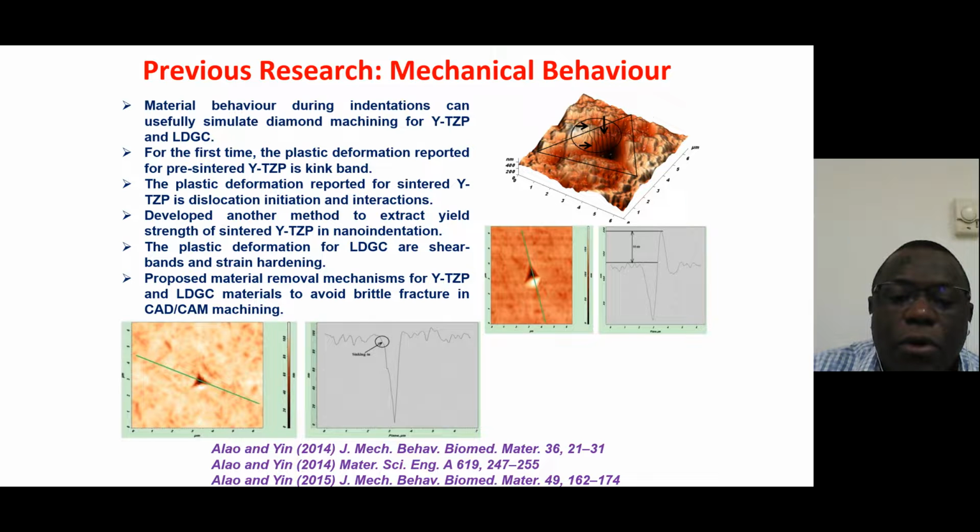The piling up led to the extrusion of materials, indicating that the material can actually undergo ductile mode machining through extrusion. Also, the material will sink in, accounting for brittle material removal. So all these phenomena are well documented in these publications.